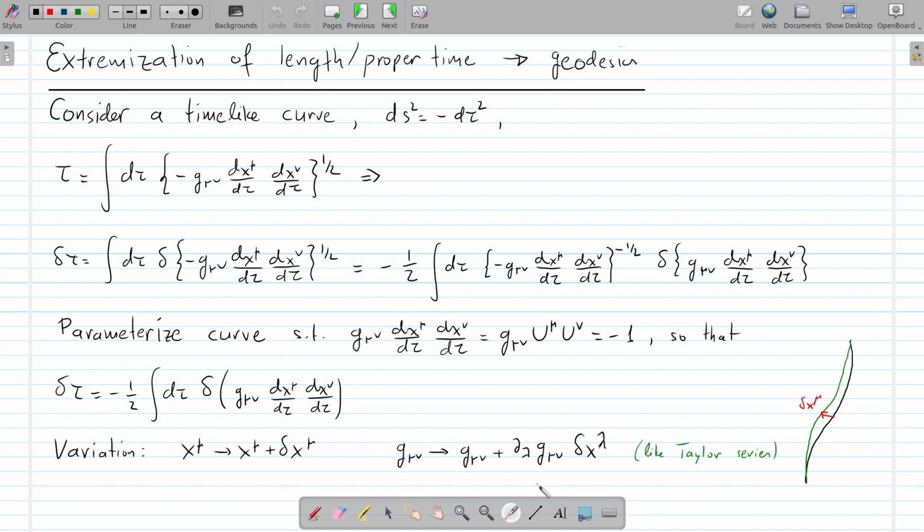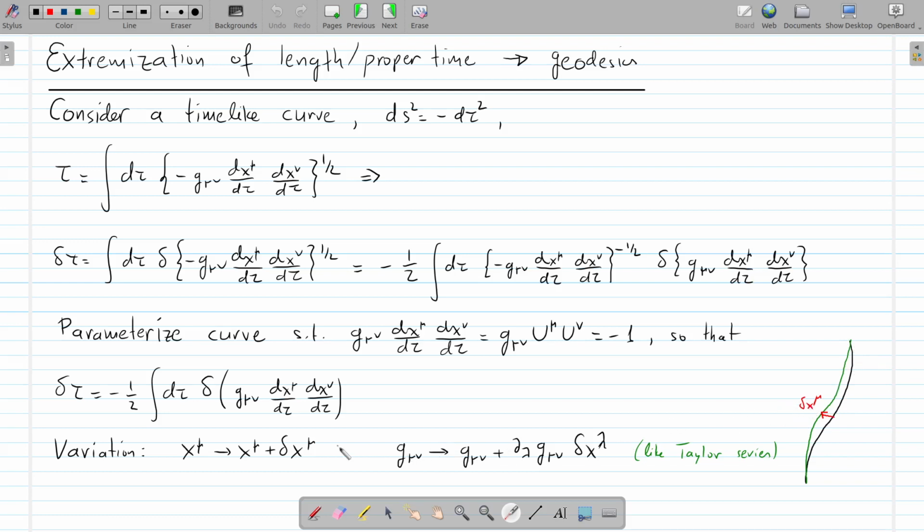So what we do is we consider two events here, one event here, one event there, and all possible time-like curves that connect them. Let's say that they're close enough so that there is a unique time-like geodesic connecting them, and all nearby curves, which are not geodesics, differ from this geodesic by delta x mu.